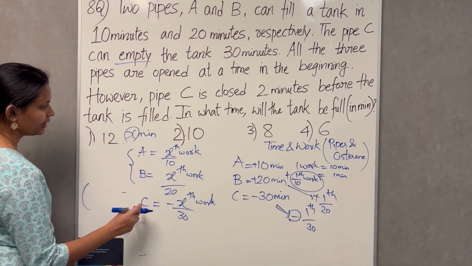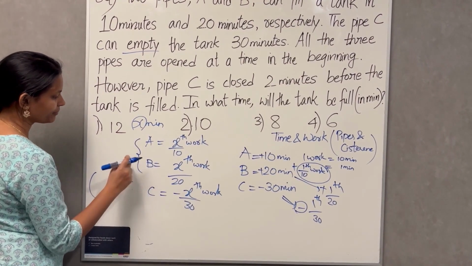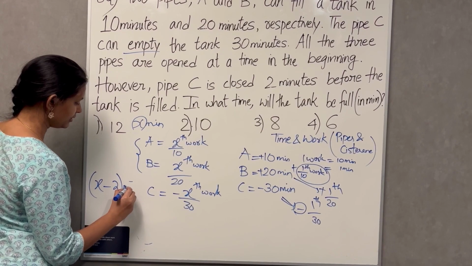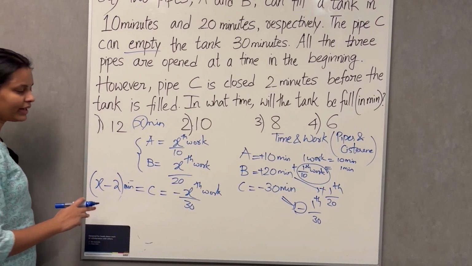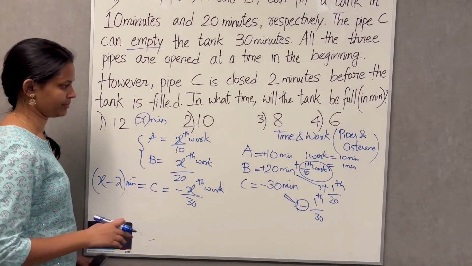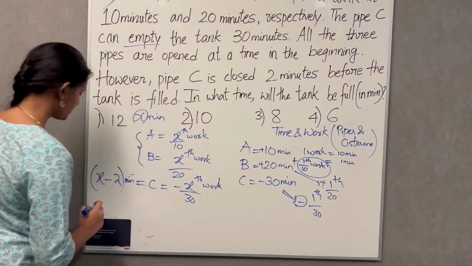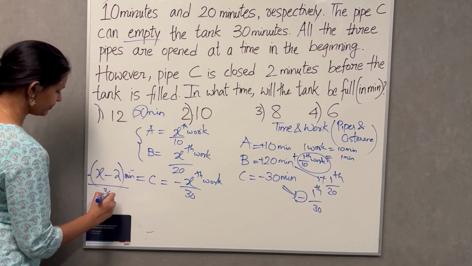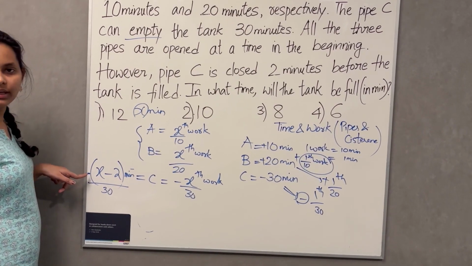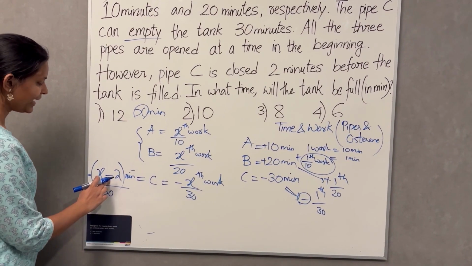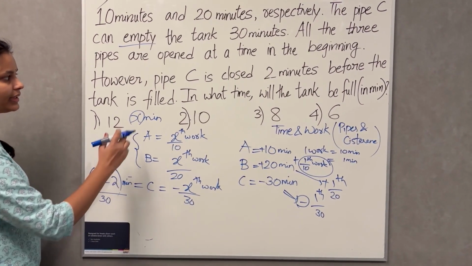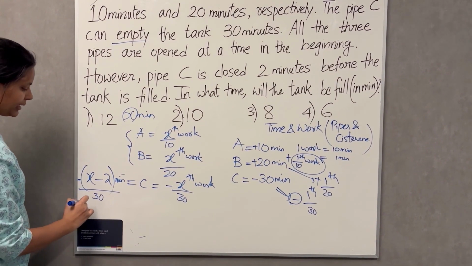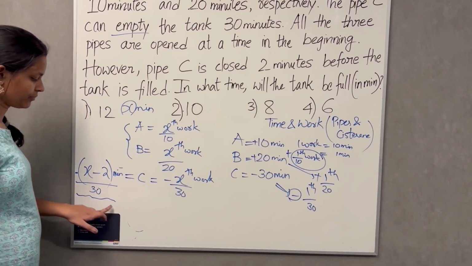That means it is doing work for X minus 2 minutes. For 2 minutes, it's not doing work, it is closed. Minus of (X minus 2)/30. Here minus because it is negative work. Here minus 2 because it is closed 2 minutes before the tank is filled. Here this is important. Many people go wrong here.